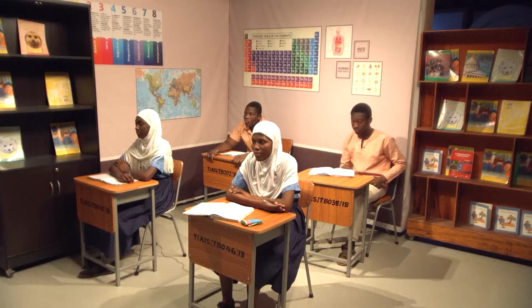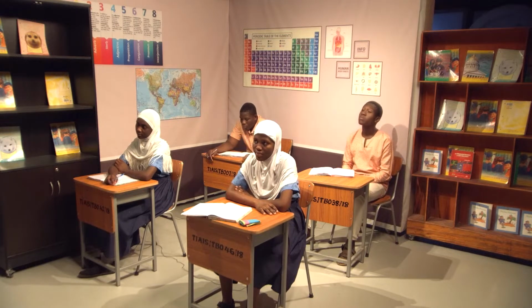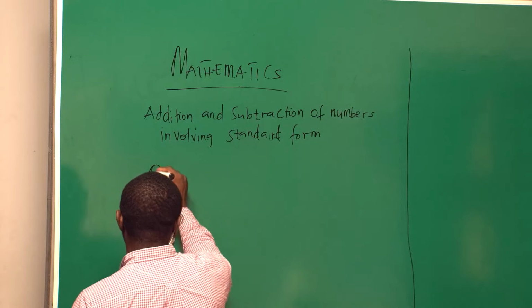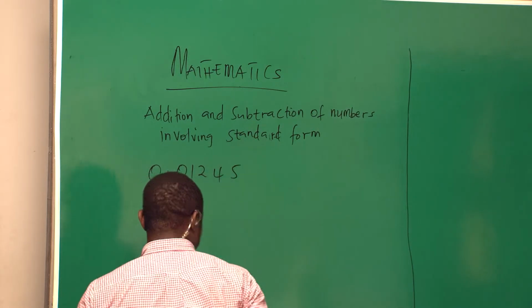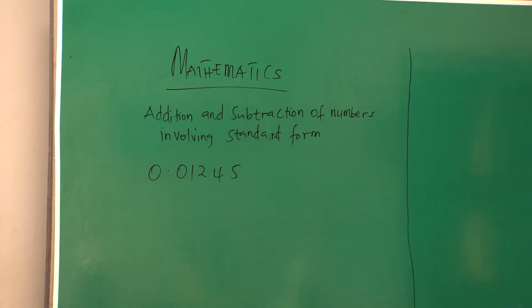Class, Assalamu alaikum wa rahmatullahi wa barakatuh. Okay, so last week we converted some numbers to standard form. For example, if you have 0.01245 and you are asked to correct this to standard form, how do you do it, Asifa?